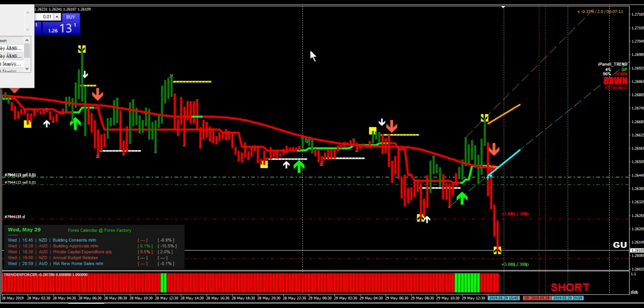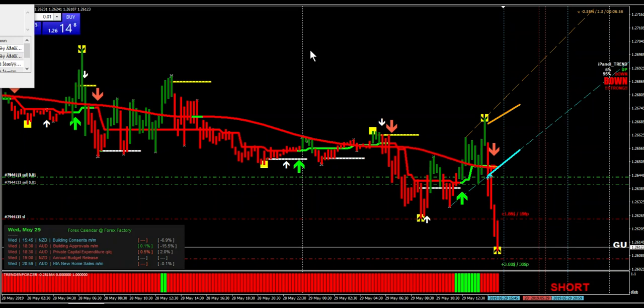Because the last thing you want is revenge trading. That'll just wipe out your account. And you'll know because you'll break your rules, you'll break your plan, you'll break everything you got to get that money back because you're mad. I've done it, and everybody does it. But once you've done it, you won't do it again, hopefully. If you do, you won't be around long enough to do it again.